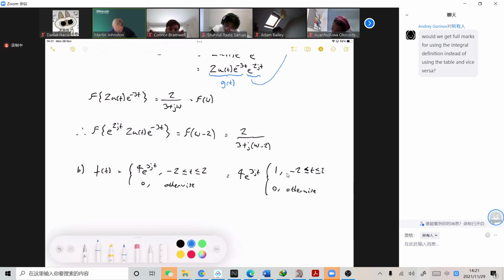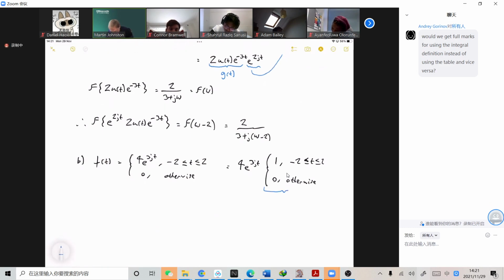In this case, this part we'll call g of t. That's in the table, and it's multiplied by this exponential.